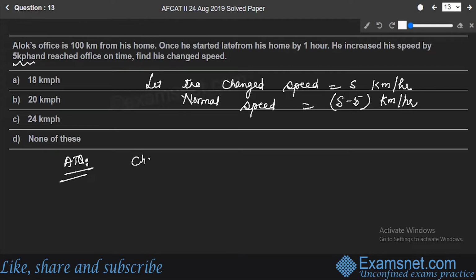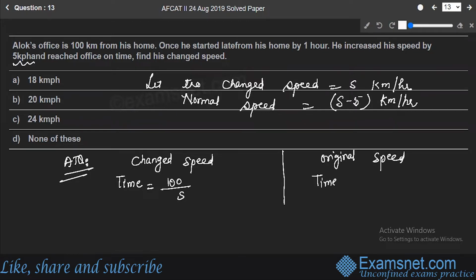For the changed speed, what will be the time? 100 upon the changed speed, that was s. And this is the original speed. For the original speed, let it be time 1 and this one be time 2. So this is 100 upon s minus 5.